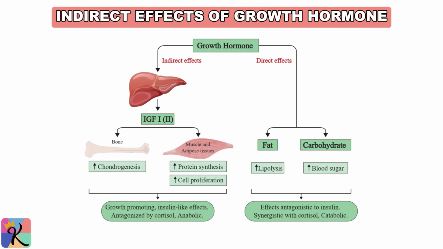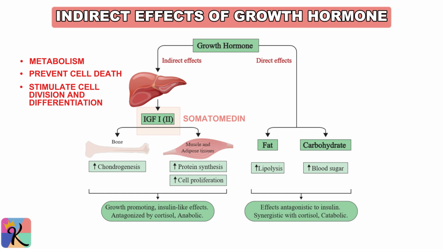Growth hormone's indirect effects are mediated by insulin-like growth factor 1, IGF-1, a type of somatomedin produced by the liver, muscles, bones, and kidneys. IGF-1 binds to specific receptors on cells to promote metabolism, prevent cell death, and stimulate cell division and differentiation.